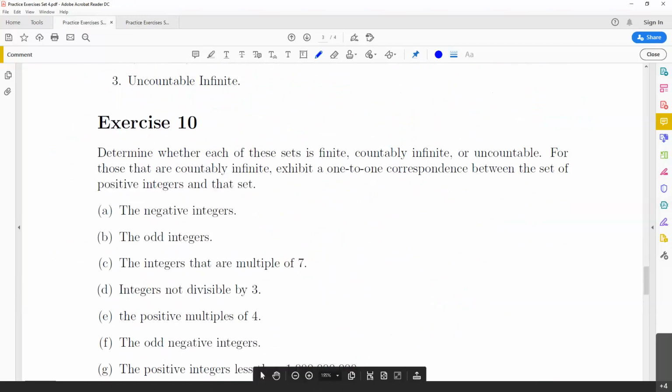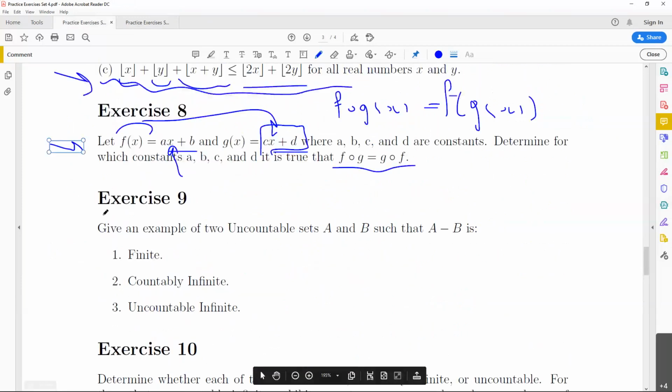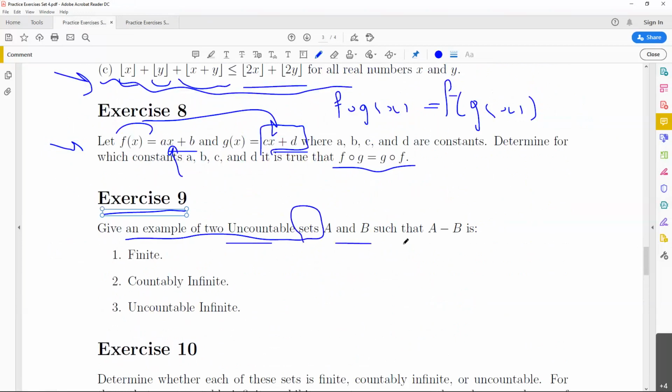3 more questions, we're almost there. Exercise 9. Give an example of 2 uncountable sets, A and B, such that A minus B is this. Now, uncountable set just means it's not countable. So you can't find a bijection from the set N to the set you're working with.